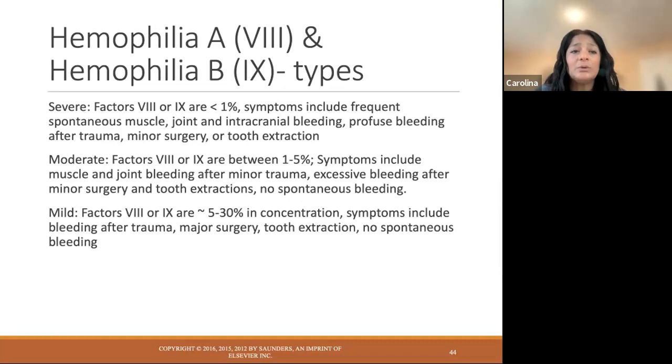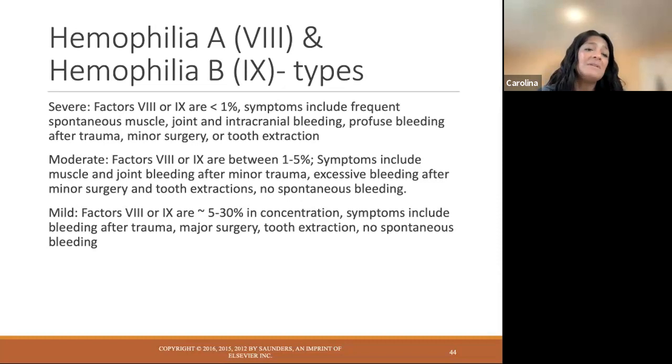The symptoms include frequent spontaneous muscle, joint, and intracranial bleeding, and profuse bleeding after trauma, minor surgery, or tooth extraction. The moderate levels are between 1 and 5% of the factors, and that includes some muscle and joint bleeding after minor trauma, excessive bleeding after minor surgery and tooth extractions, and no spontaneous bleeding.